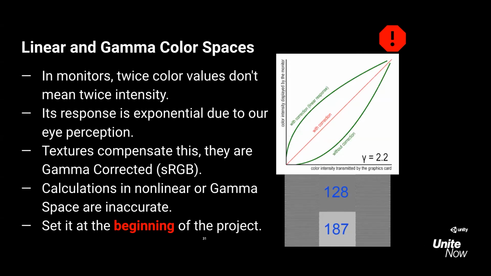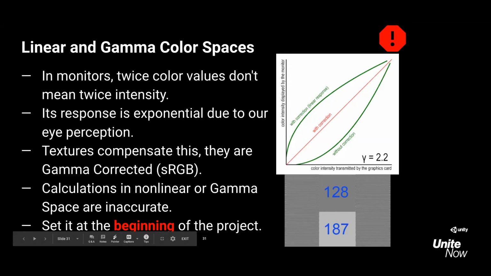Why? There are several reasons. Some say that our eyes work better in the dark because of some predatory, evolutionary, biological setting or whatever. But aside from the reason, the idea is exactly that. Our eyes don't work in a linear fashion. Twice the intensity won't be captured as twice the intensity by our brain.